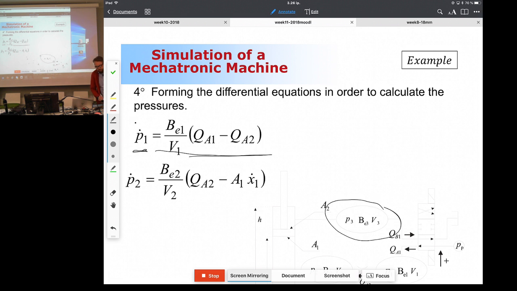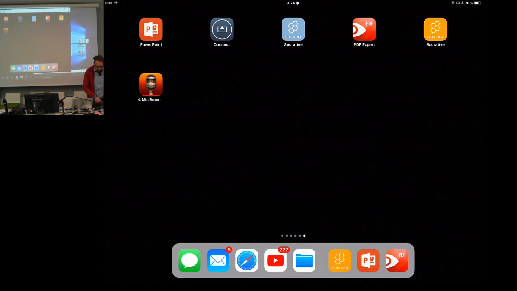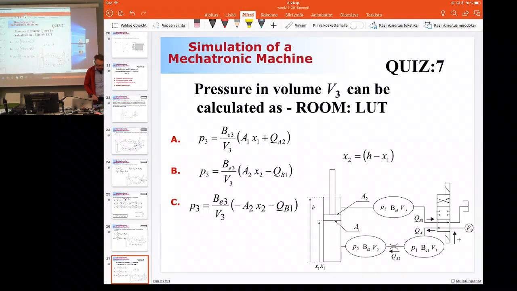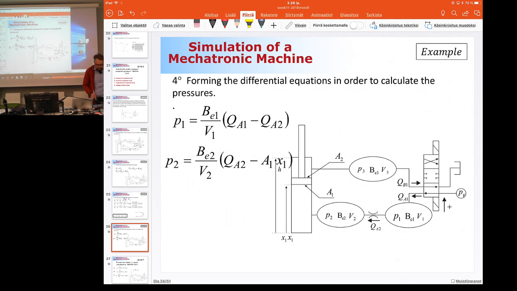And I had different choices, such that the flow Q1 was plus or minus, and A2 as well, and I was asking which combination is the correct one. Obviously, this is the correct one, because now I need to go back to the PowerPoint to show this to you.